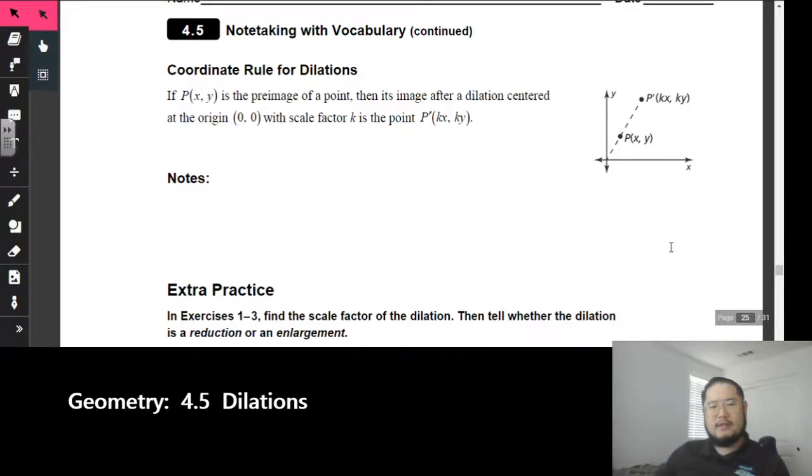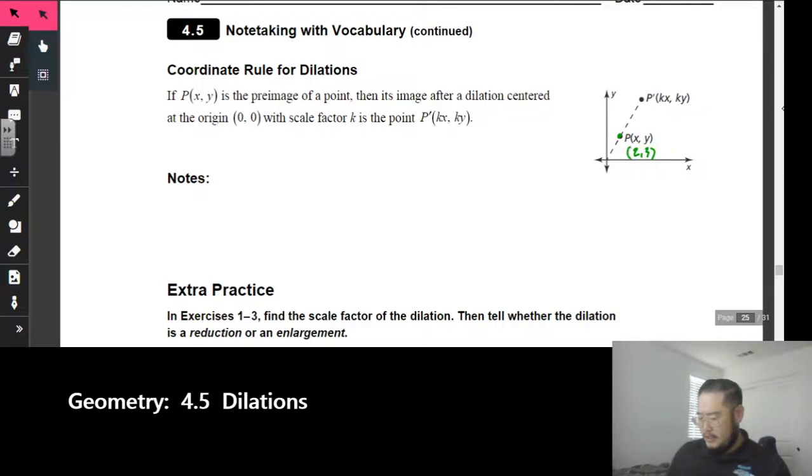Let's go ahead and move on to the next part, the coordinate rule for dilations. So pretty much here what you're doing is you take any point and you are going to multiply it by the scale factor. And that's pretty much the rule here. And that'll determine whether we enlarge it or reduce each and every point. So looking at the diagram, you have P is right here at x, y. And let's say x, y happens to be, we'll say 2, 3.